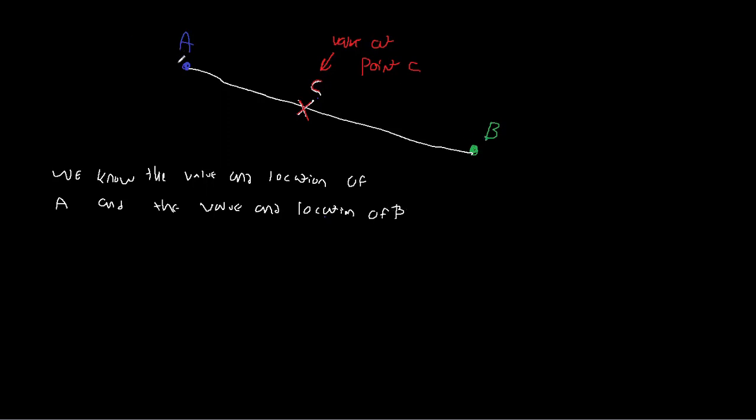These are known points. So all we have to do to figure out the value at C is to say, okay, we know, and I'm going to use Z here for the value, Z of A minus Z of B. This is the difference in value over the distance.